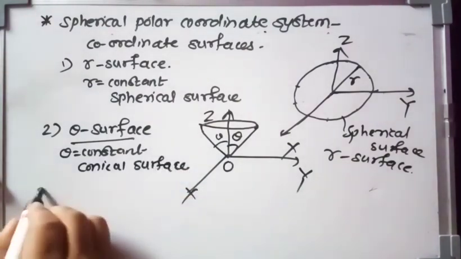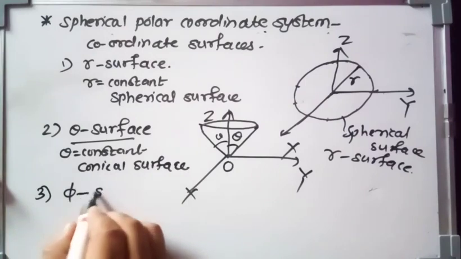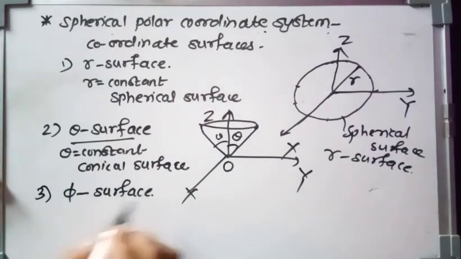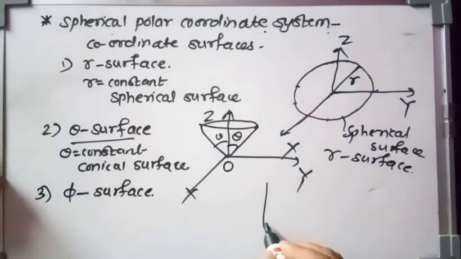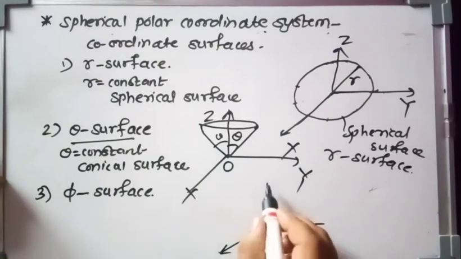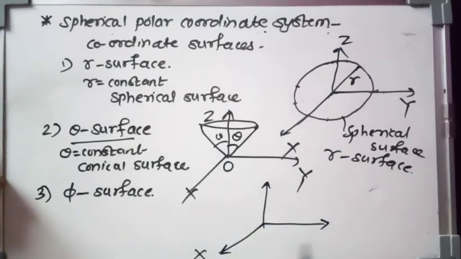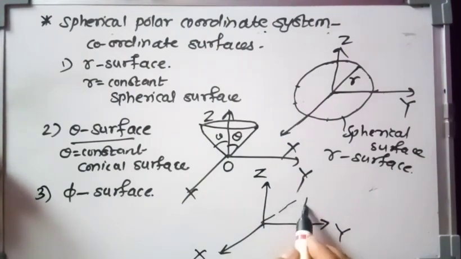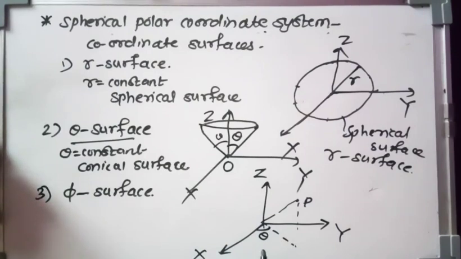Now third, phi surface. How can we draw phi surface? Let us draw this Cartesian coordinate system. Now we know the angle between, this is phi. You can draw this phi surface.